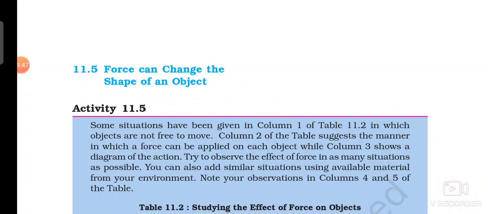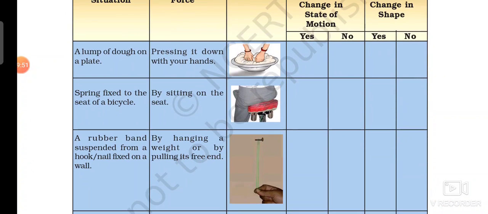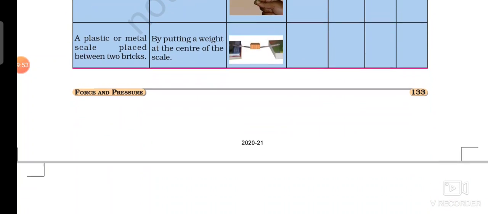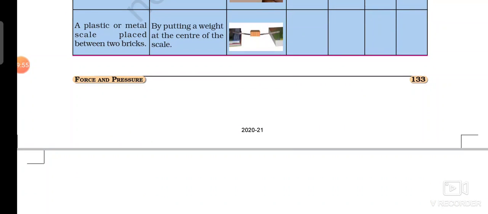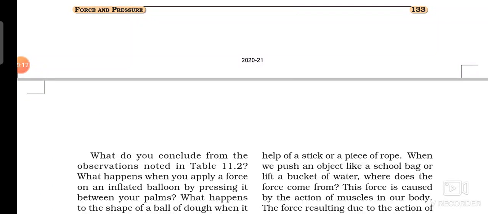Then we can take the example of a potter. Potter pots कैसे बनाता है? By applying force he changes the shape and size both of that clay. He applies force on clay and he changes shape and size of the clay to form a pot. Okay, so in short, force can change the state of motion of any objects.